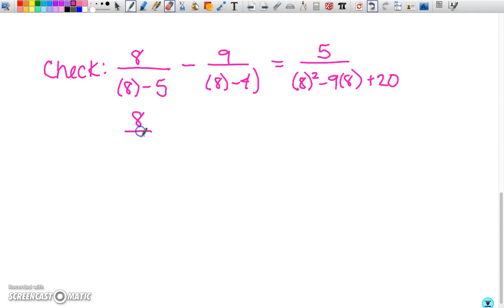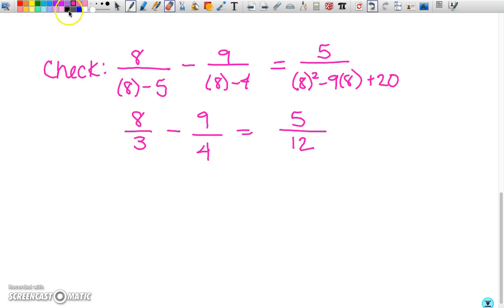So we end up with 8 over 3 minus 9 over 4. And this isn't really necessary right here. And over here, we end up with 5 over 12.